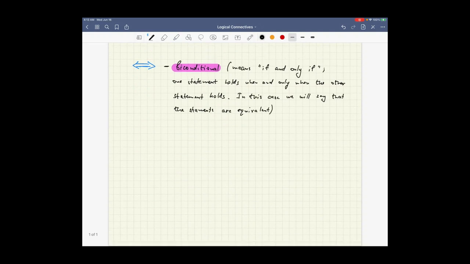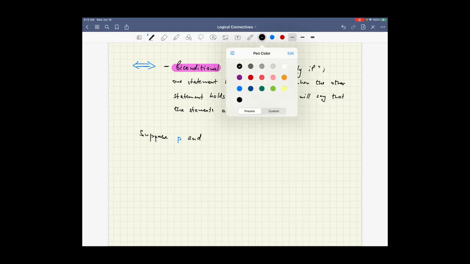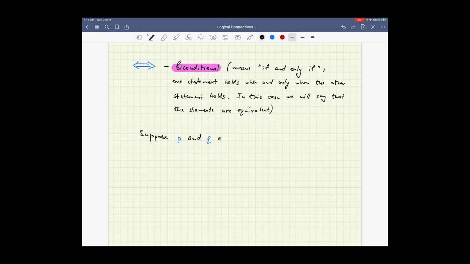So let's say we have 2 statements, P and Q. Meaning they can only take 2 values, true, which we will denote by capital T, or false, which we will denote by capital F.